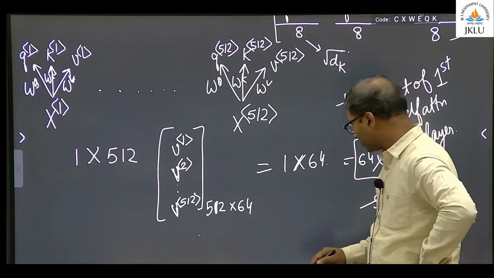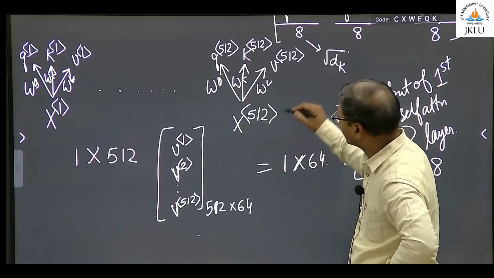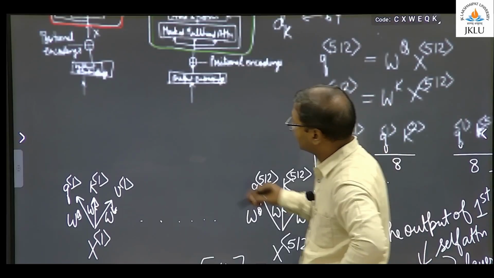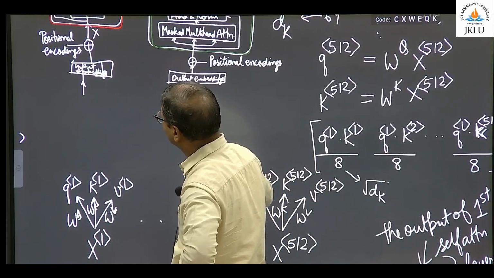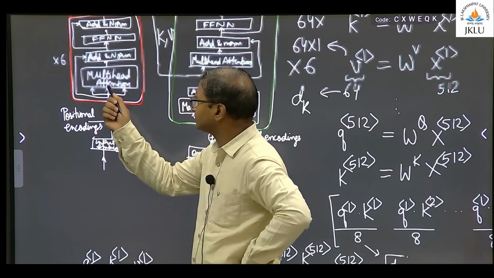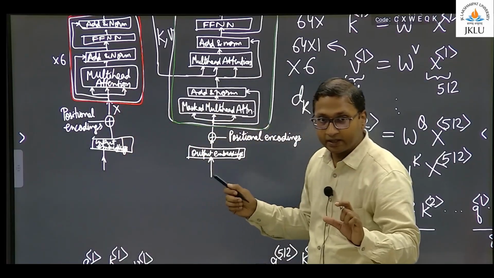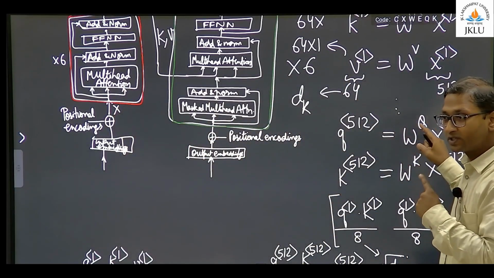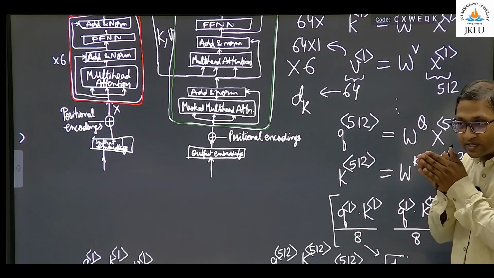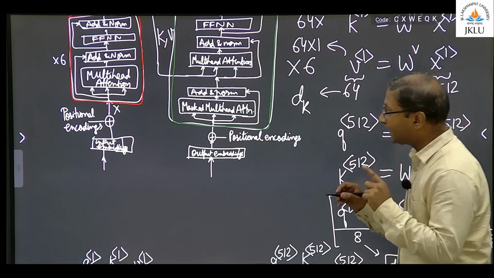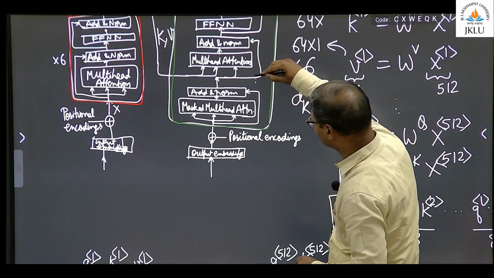So what the team at Google did was, look at this carefully again. What does it say? Multi-head attention. So one head gives you 64 cross 1. How many such heads may you have? 8. So you have 8 heads in the original transformer paper.